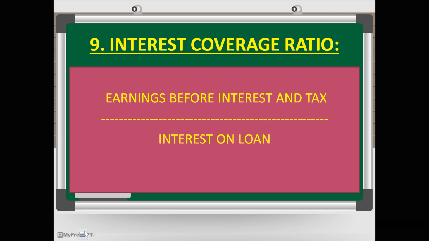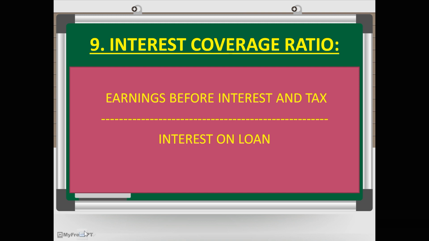Earnings before interest and tax divided by interest on loan. Already in yesterday's session we made a table of the profit calculation. You have it. In the beginning we prepared it.